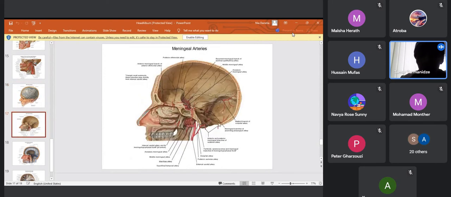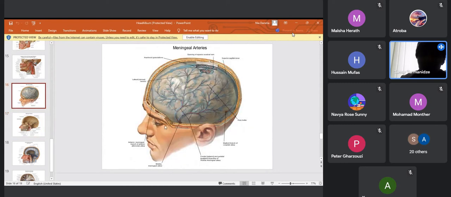As for the origin of this artery, look, it is a branch of the maxillary artery, which comes from the external carotid artery. And it enters the cranial cavity by the foramen spinosum. So the middle meningeal artery comes from the maxillary artery, and by the foramen spinosum, which is located in the middle cranial fossa, enters the cranial cavity and lies under the temporal bone as a trunk, where it is divided into anterior and posterior branches.